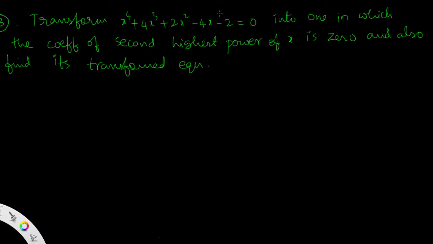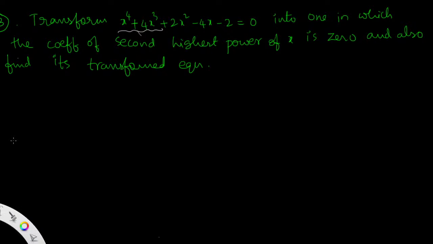If any equation is given, find out how to remove the second highest term. Here, this is the first highest, so the second highest term has to be eliminated. Making it 0 means the coefficient of the second highest term, here the x cube term, should not appear, and then the equation becomes the transformed equation.